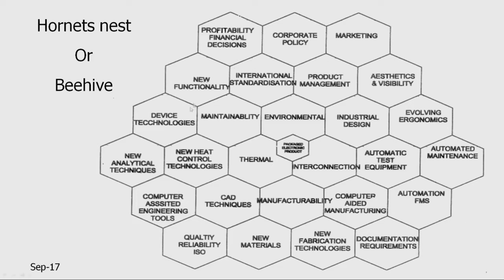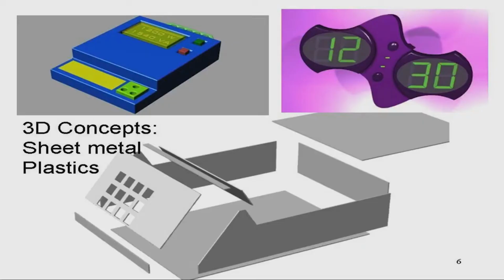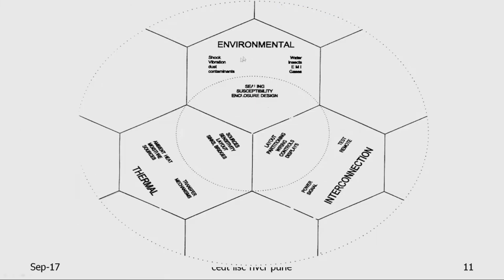All these are needed. So, in this corner we have only this thermal heat technology, slightly related to the interconnection. If you remember, I have mentioned this earlier, that in our case normally as far as possible we try to only work on the enclosure and how to treat heat with this.